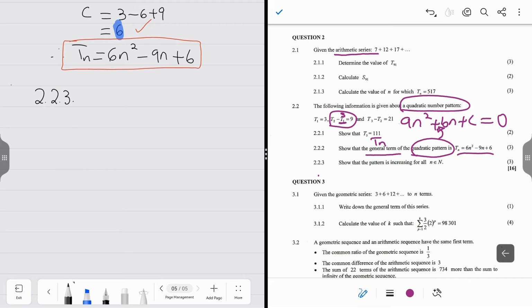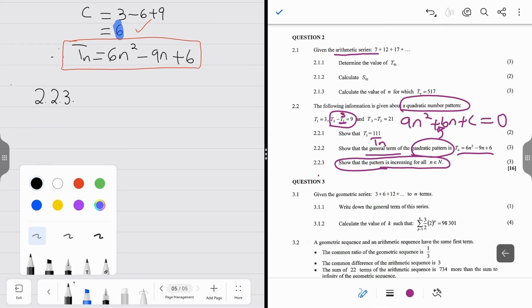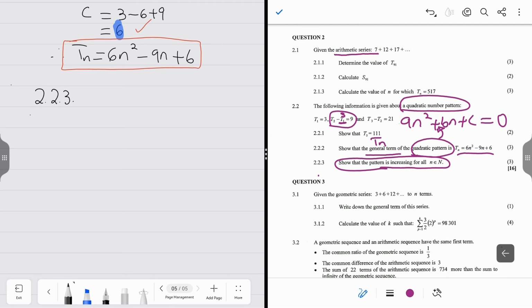All right. 2.2.3, show that the pattern is increasing for all n is an element of natural numbers. They have just brought in nature of roots here, which you need to remember, right? So they want you to remember that. What does that mean when we say things are increasing in nature of root?